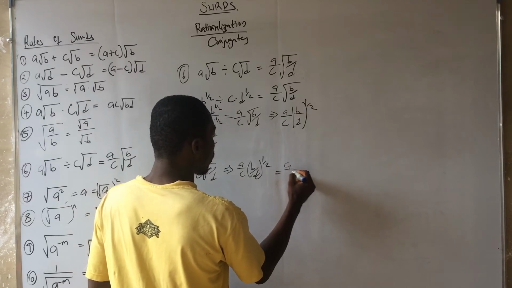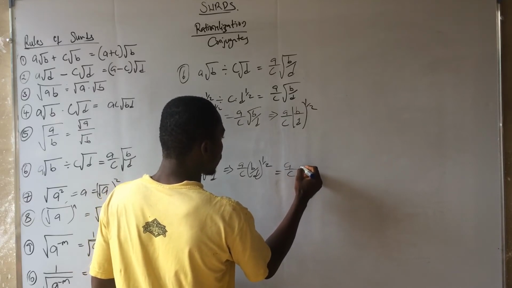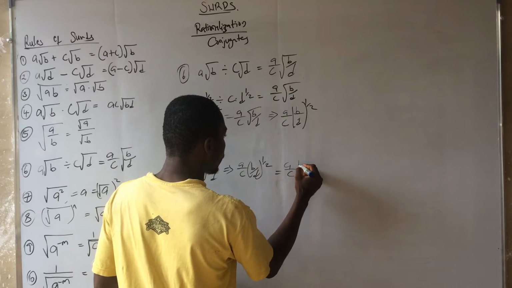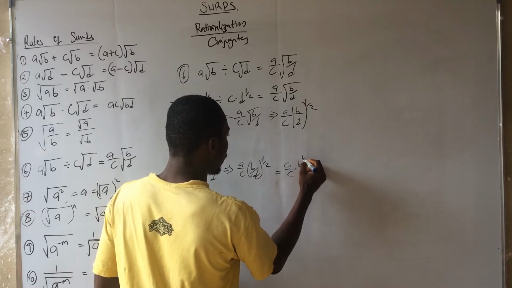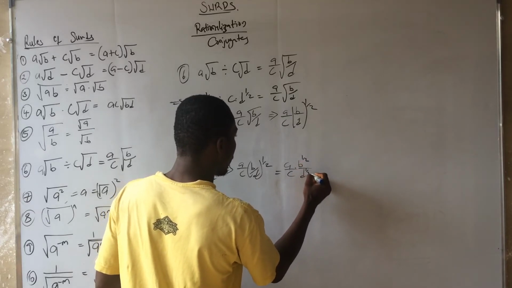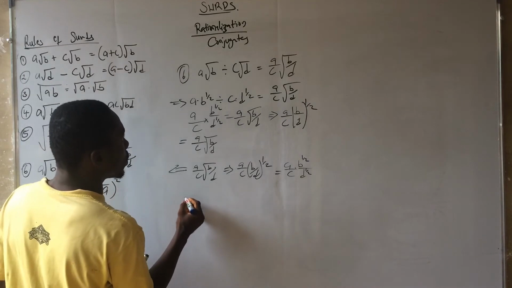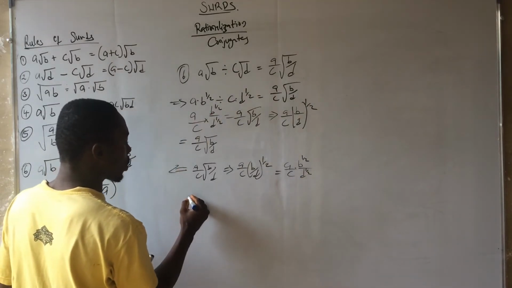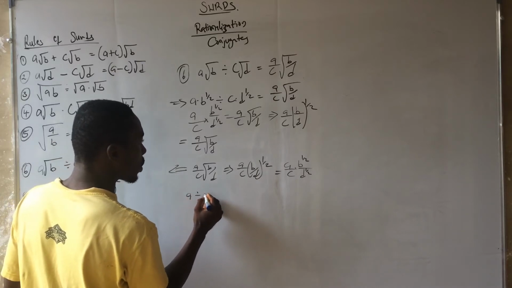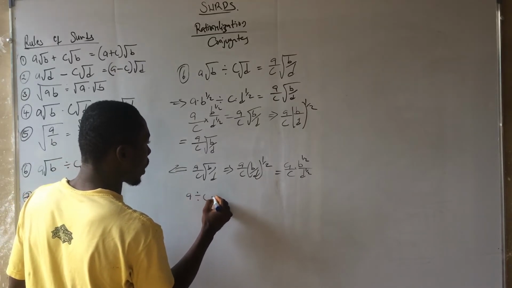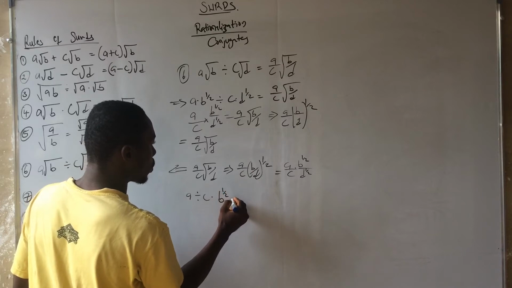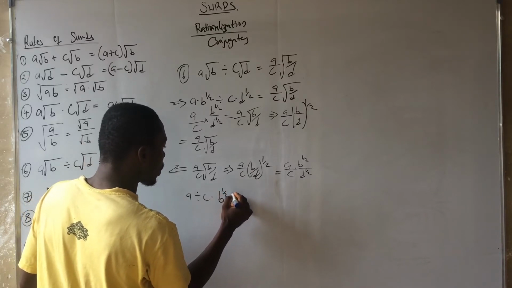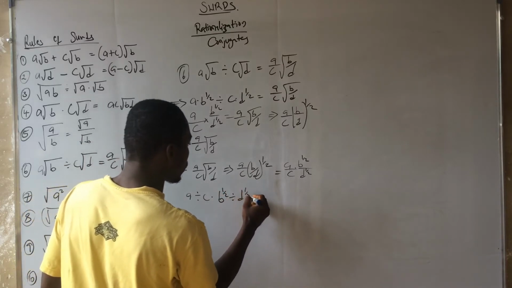a over c times b to the 1 over 2 over d to the 1 over 2. So now, since this is what I want to get, I'm going to split this to have a divided by c multiplied by b to the 1 over 2 divided by d to the 1 over 2.